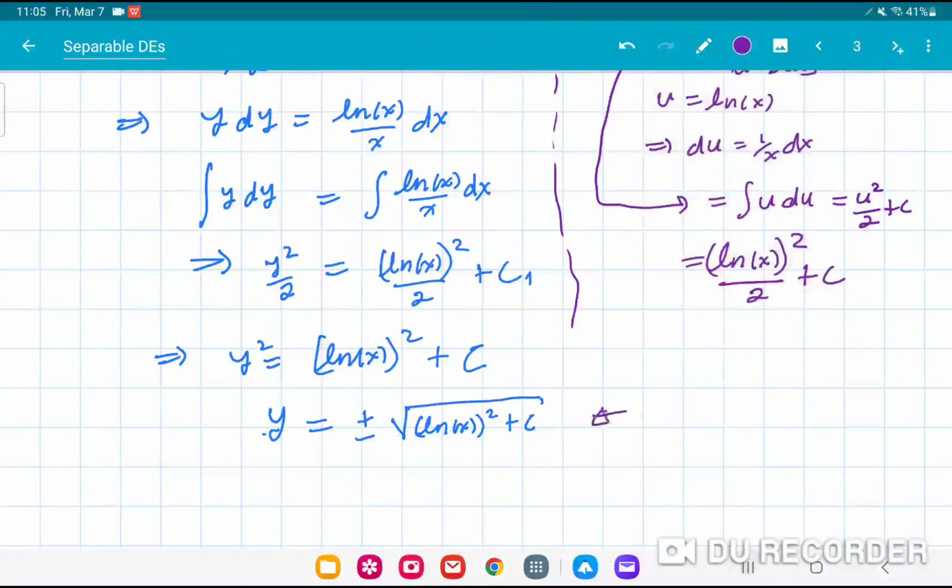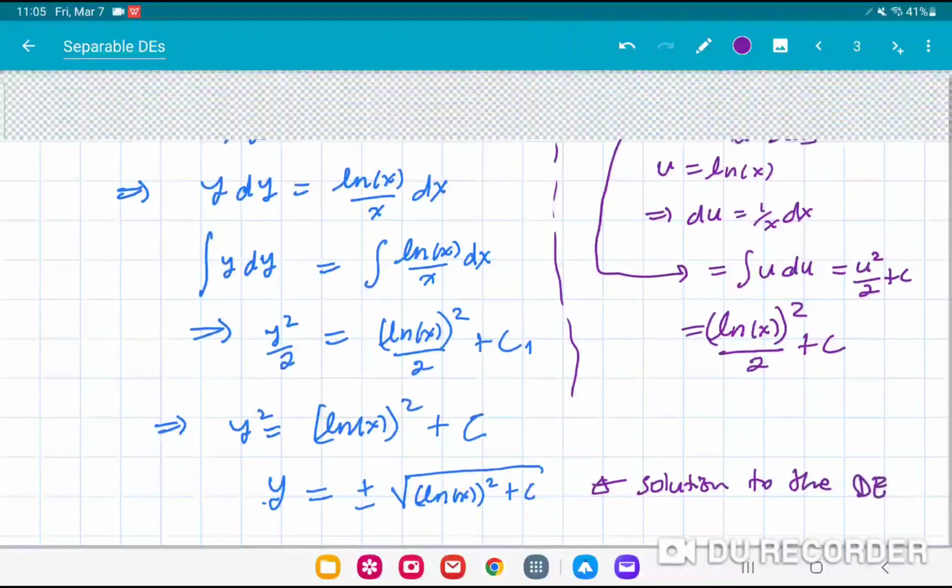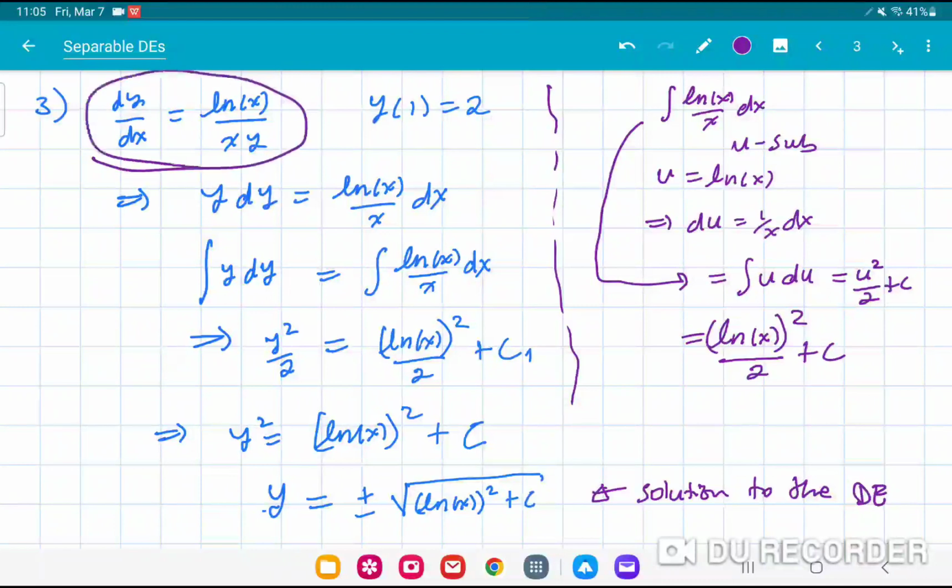This is the solution to the differential equation. If we didn't have this initial value condition, we would have just stopped here, and that would be the solution. We box that. Remember the plus or minus because this is even.